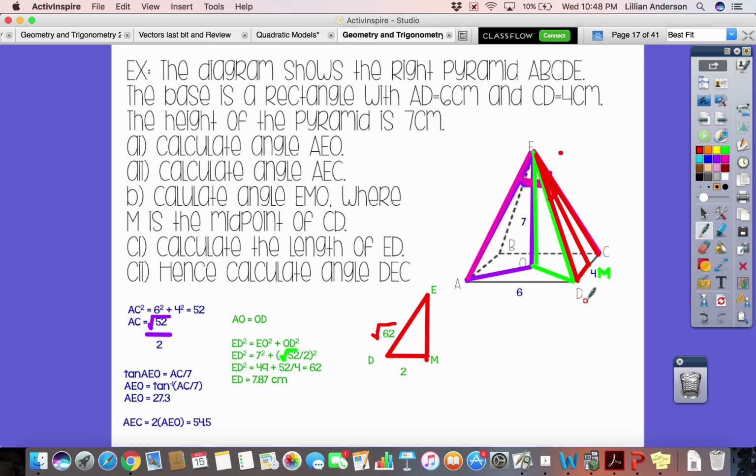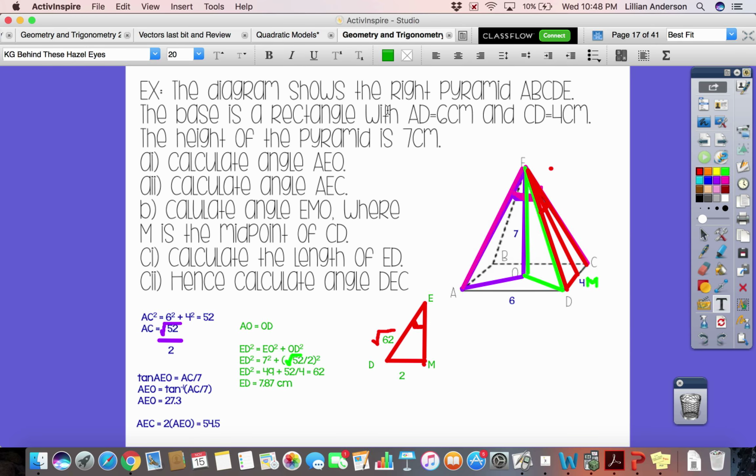Now we're looking for this angle right up here. If we can figure out what this angle is, all we have to do is double it to get our final angle. So this is going to be our opposite side. The square root of 62 is going to be our hypotenuse, so we're going to use sine here to find the measure of angle DEM.